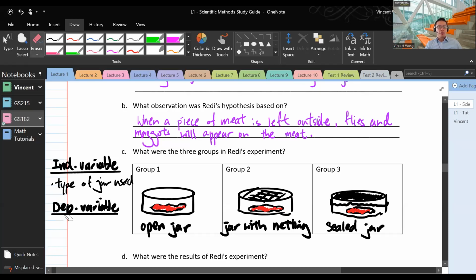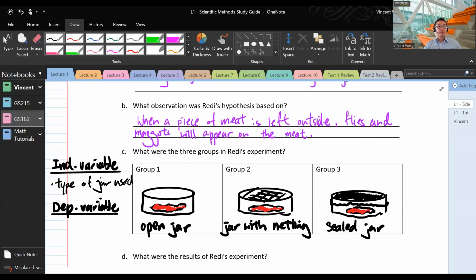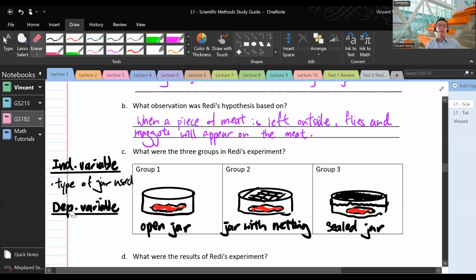What about the dependent variable? I think the result of the experiment. The result of the experiment, okay. So the result of the experiment will be the measurement or observation of the dependent variable. But what exactly is that dependent variable? A lot of people are saying the meat, but it's the same piece of meat.